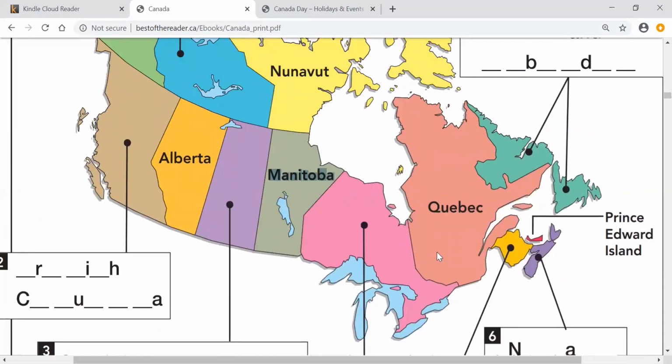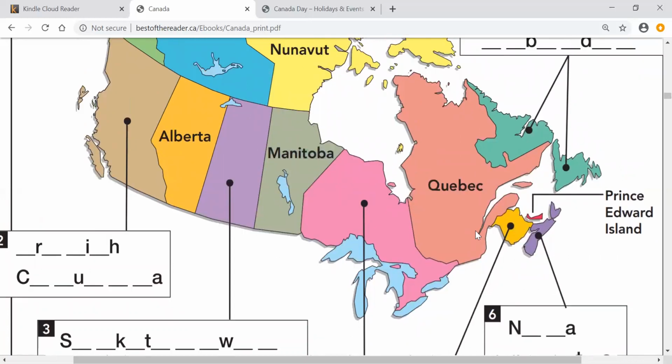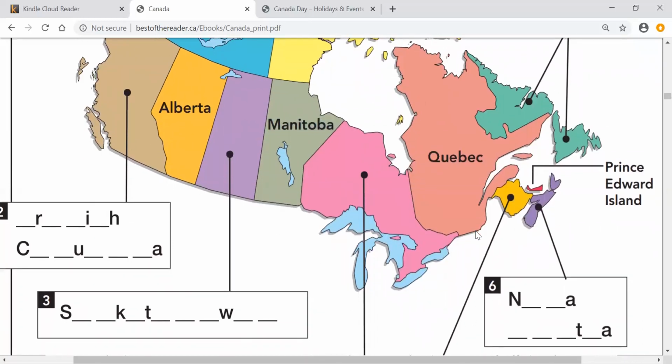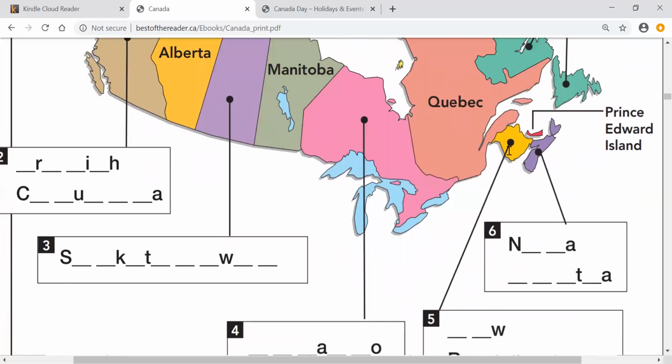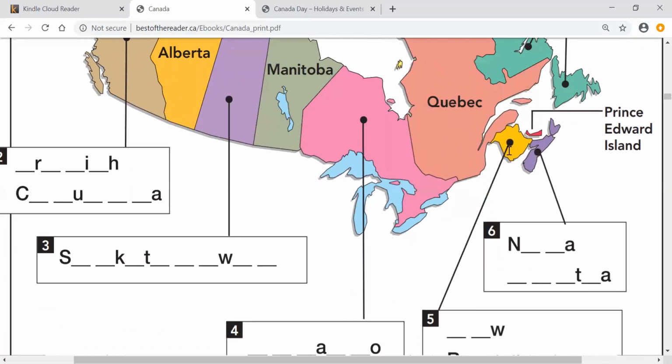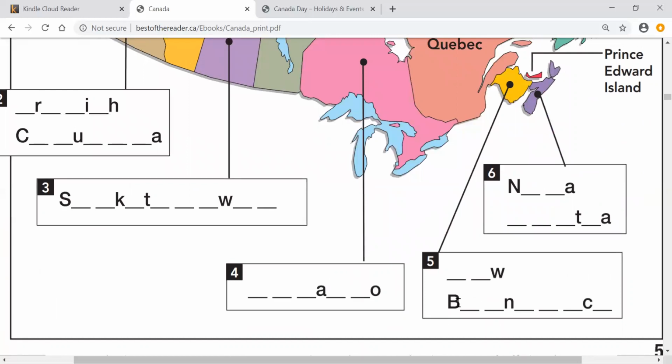Okay, what is next to Ontario? This is the largest, biggest province in Canada. Name? Quebec. Okay, people in Quebec speak French. What is next to Quebec? This one in yellow. This is called New Brunswick.